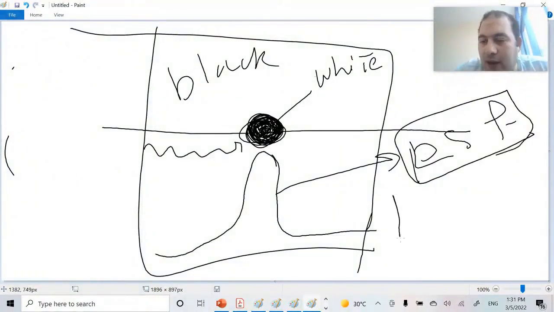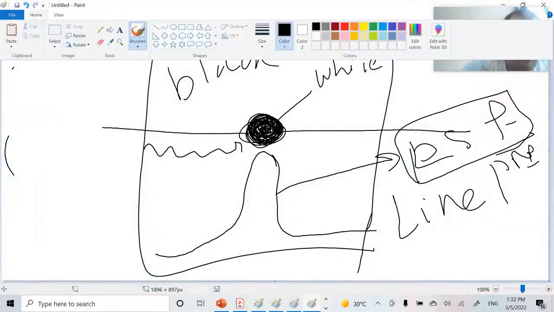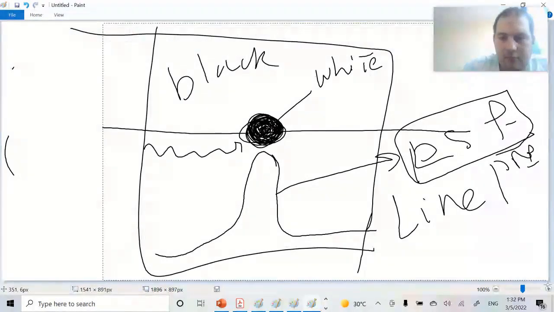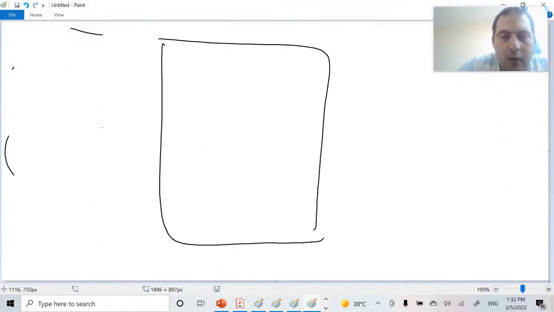The line spread function, or what I call the line profile, means that I took a line and looked at each point. Each point in my image has a certain value. Now, I hope you all are not confused. Here is the image, and here is the object.